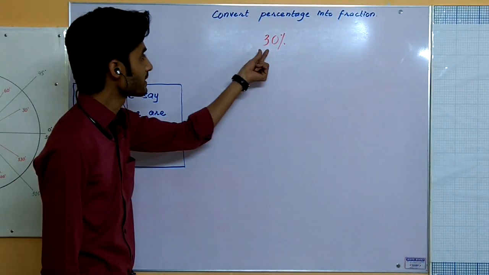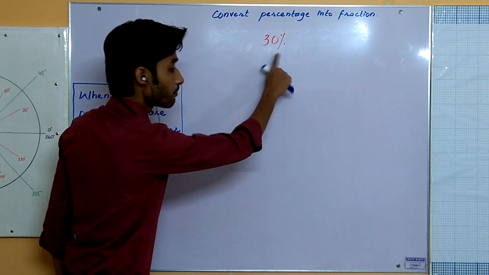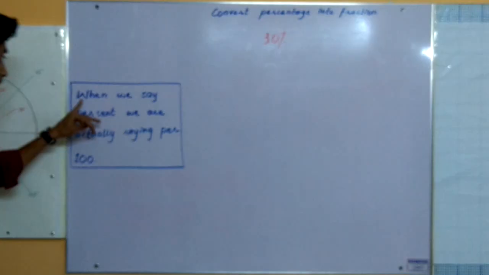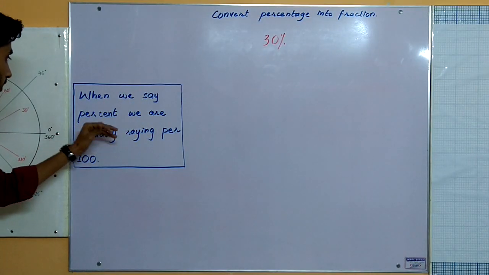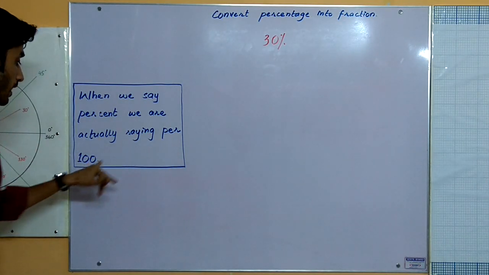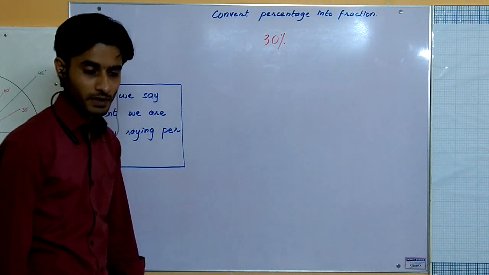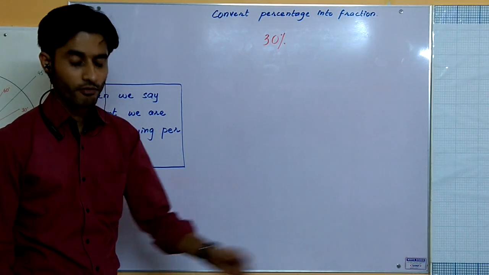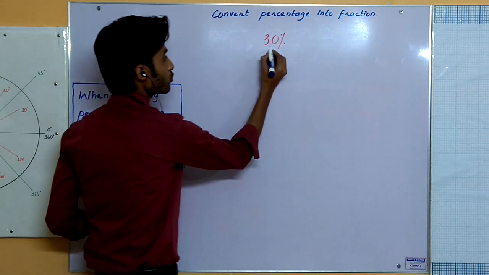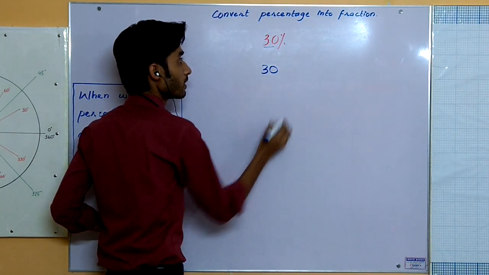Like I told you, when I say 30%, what does percent mean? When we say percent, what are we actually saying? We are actually saying per 100. So if you get something like 30% and I ask you to convert it into a fraction, what are you really supposed to do? In place of 30, write 30 straight away.